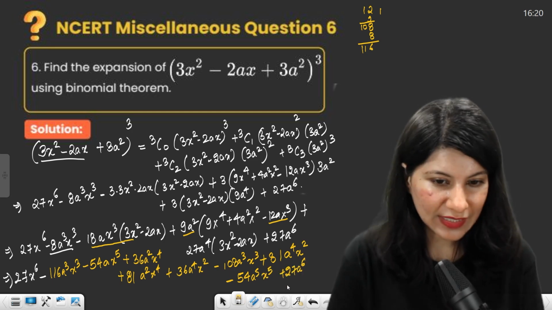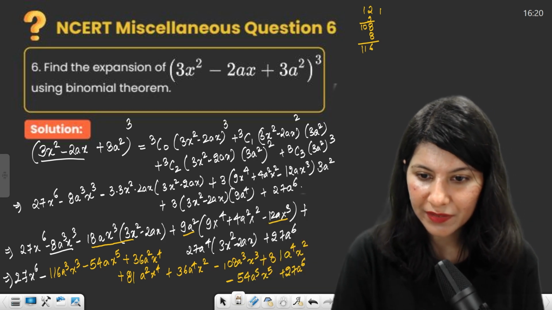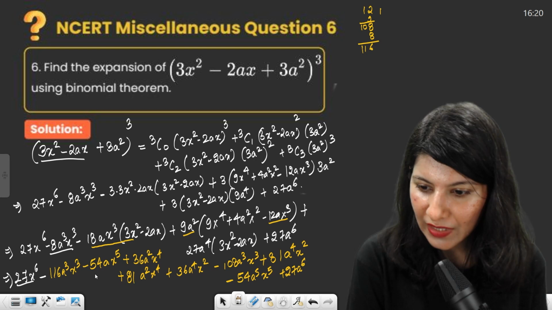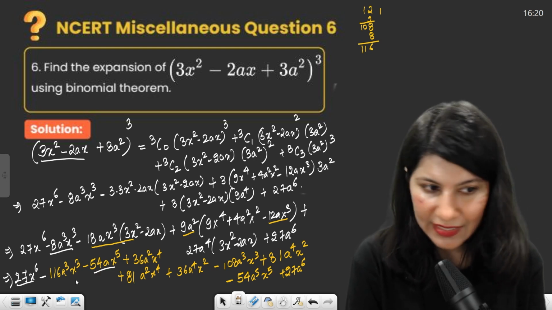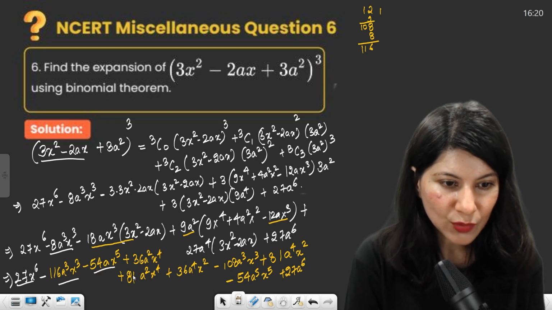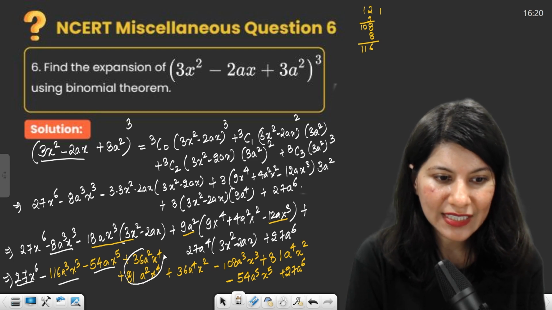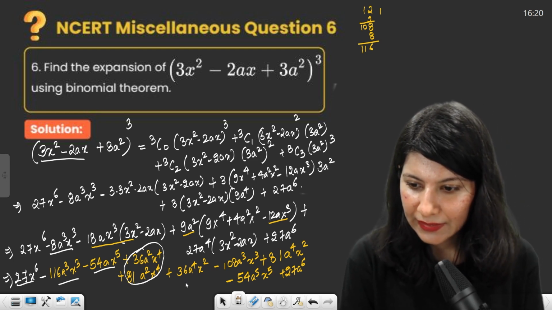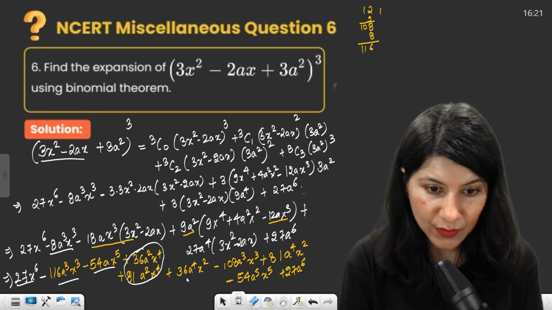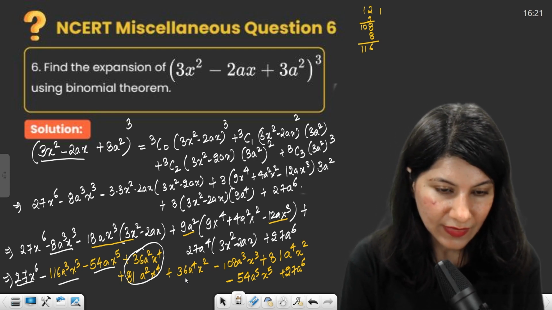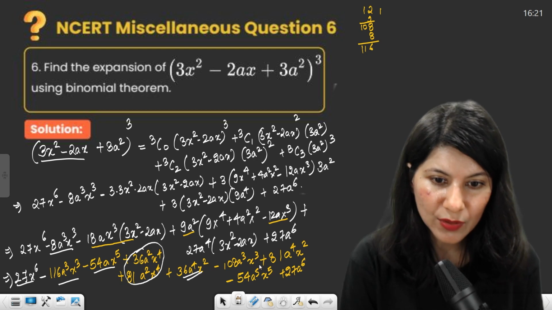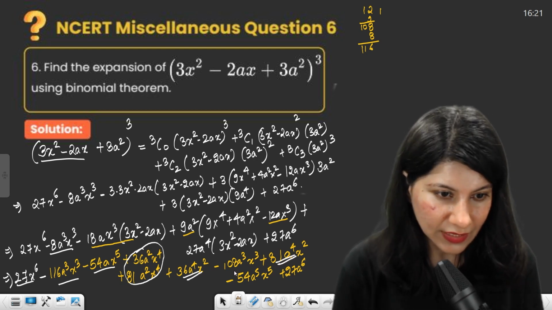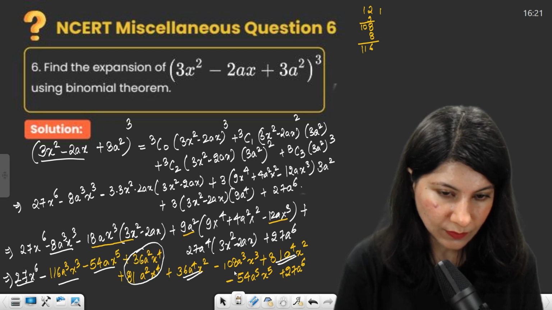Okay. So finally, let me just match all the terms. 27x power 6 minus 54 ax power 5, then 116 a cube x cube, then sum total of this. So this will be 117 a square x raised to power 4. Okay. All right. And also, let's not forget that these two are also like terms, again 117.